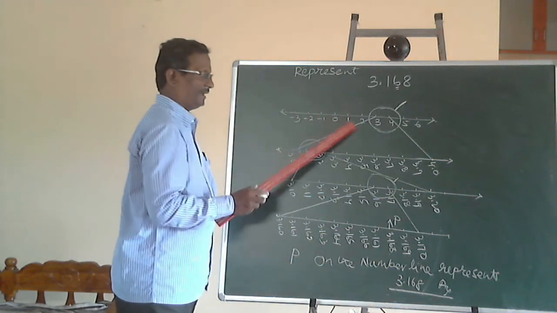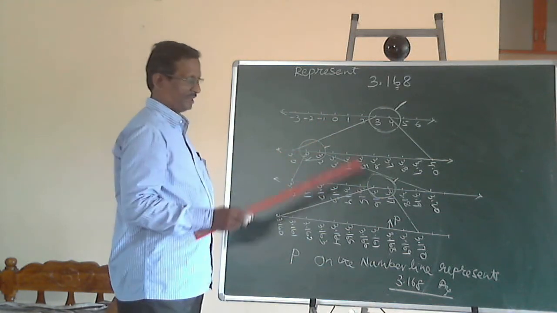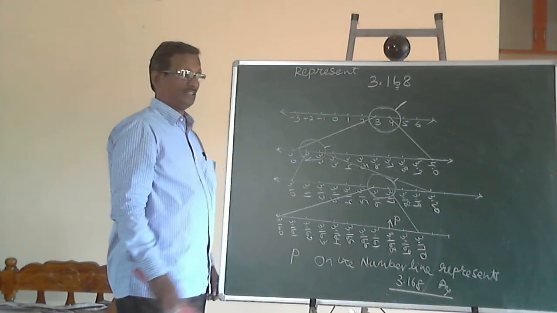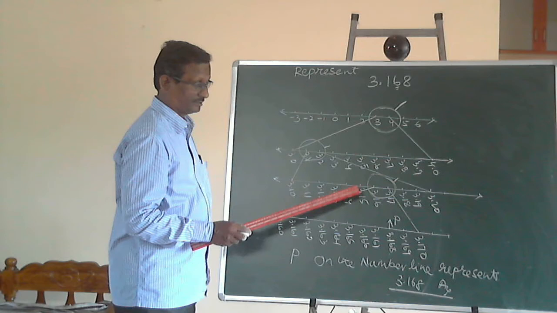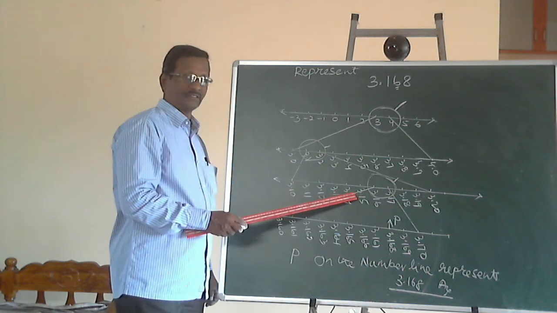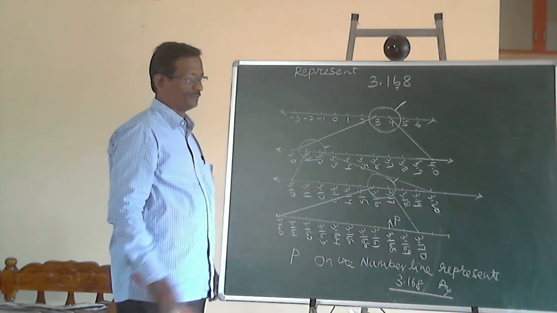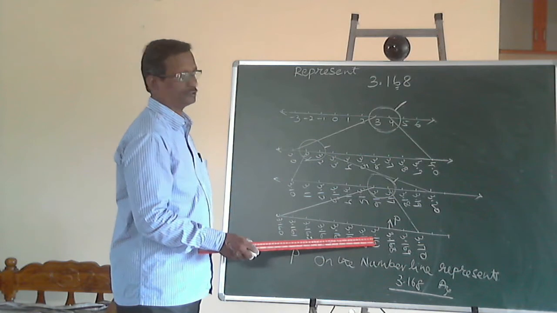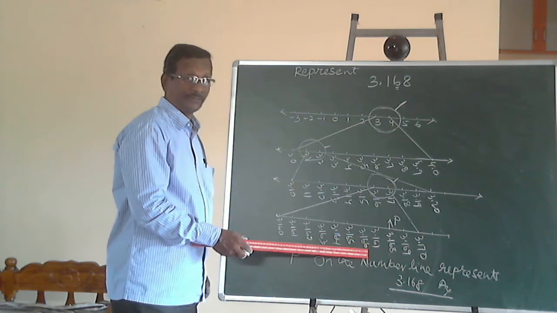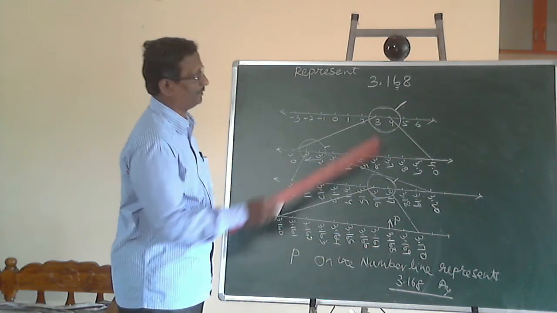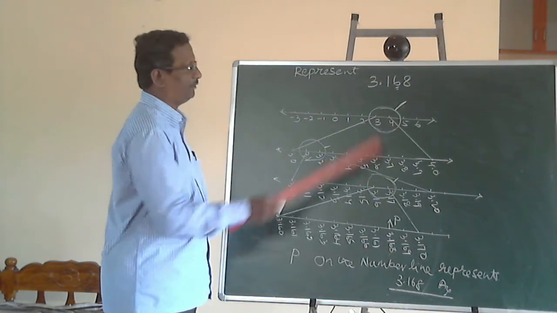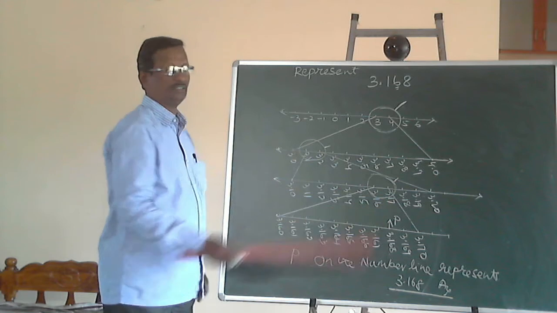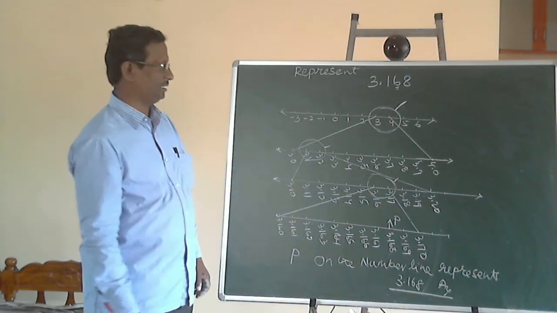First number line is with integers, second number line is decimal numbers with first place, third number line is decimal numbers with 2 places of decimal, last and fourth number line is decimal numbers with 3 places of decimal. Then we have got the place of 3.168 on the number line.